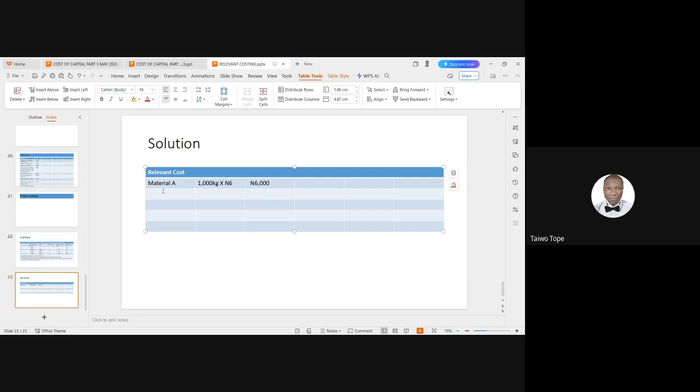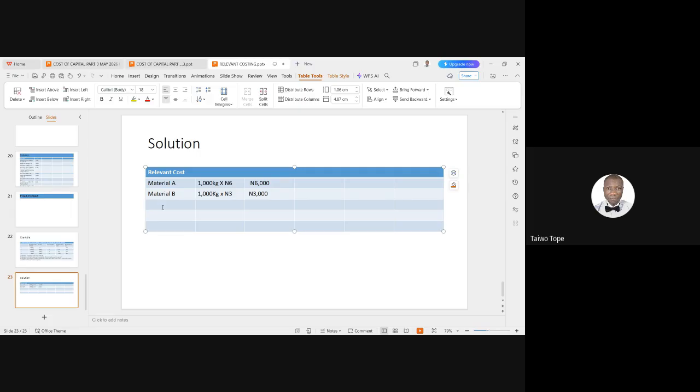And we have material B. It is in regular use, 1000 kg. The replacement value is 3 naira. This will have it as 3,000.